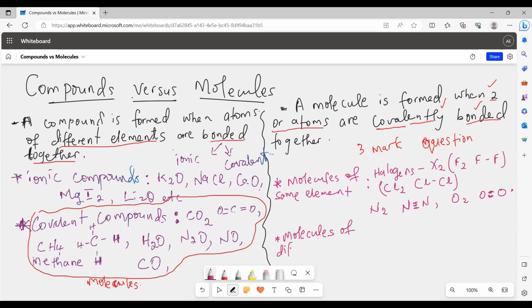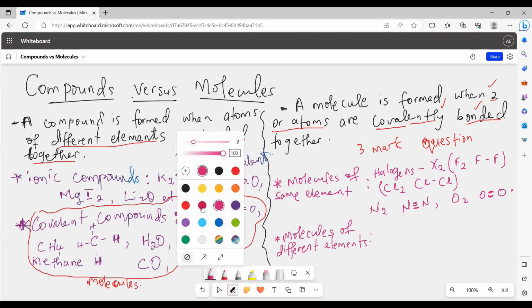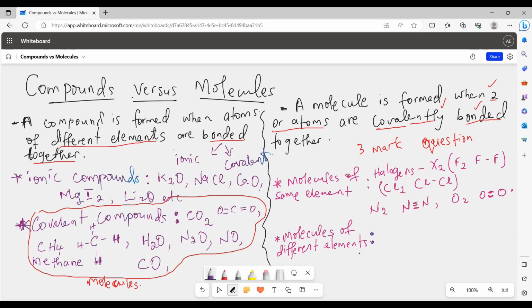Now, the elements, of course, will be different, but those elements will be bonded by sharing electrons.